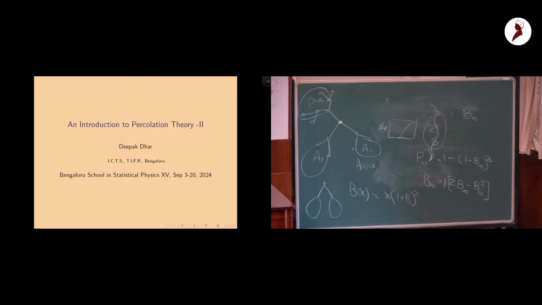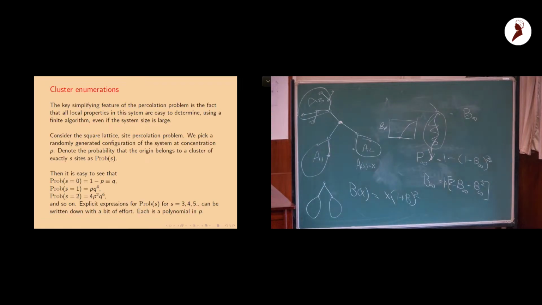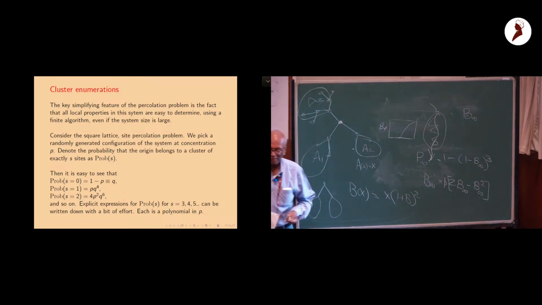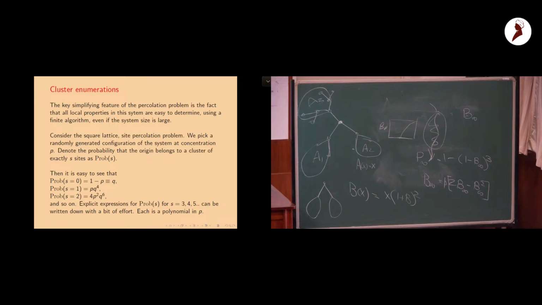Okay, so now we come to what I planned for this class. So cluster enumerations. One of the things we have to learn to do in percolation theory is to look at the size of different clusters and study their properties. And one of the first things you do is what are the different possibilities. So that is called enumeration, cluster enumeration.